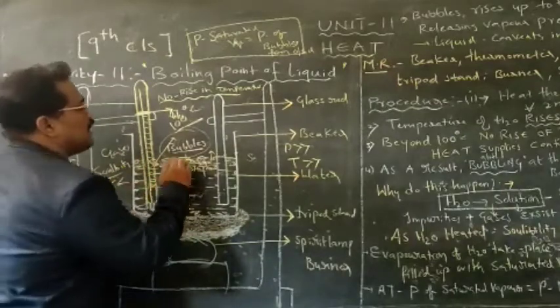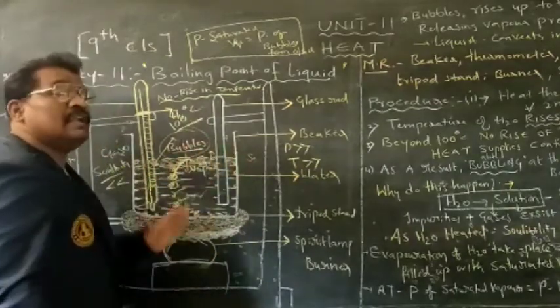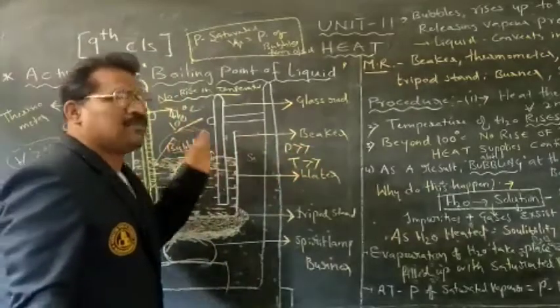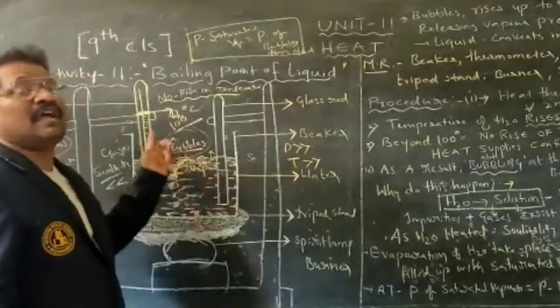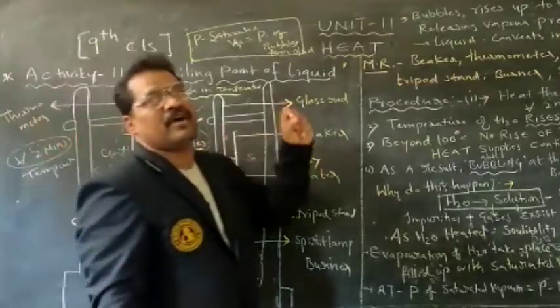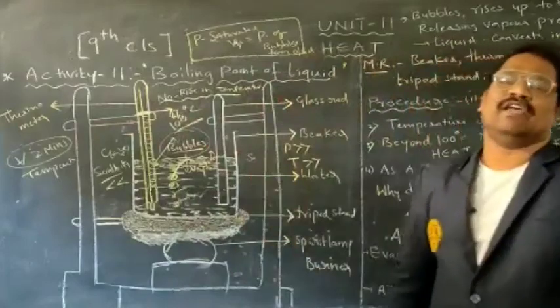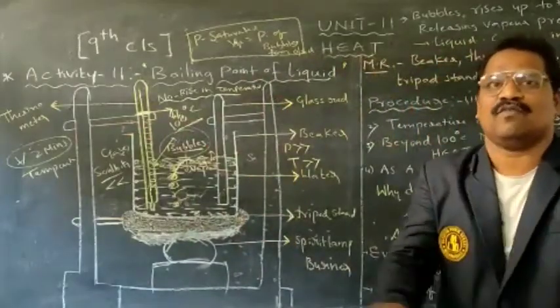These bubbles release the saturated vapor. So this process is nothing but what? Converting liquid into vapor is called the boiling point of the liquid. This is nothing but what? Boiling.